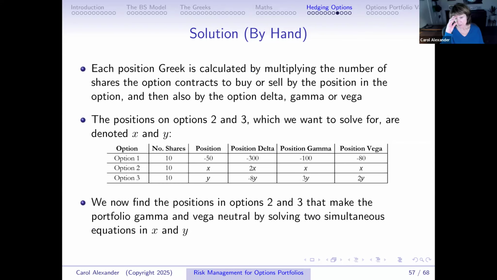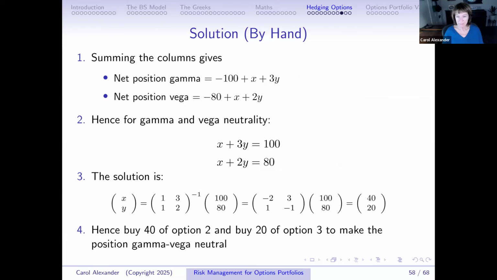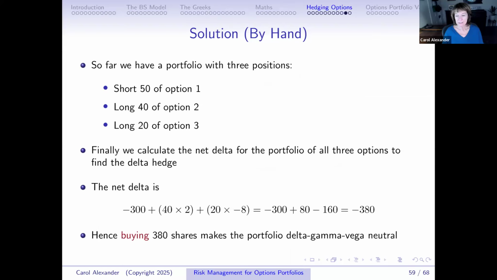So the position delta is minus 30 plus 2 times 40, which is 80, minus 8 times 20, which is minus 160. And that is minus 380. So we must buy 380 shares to make the portfolio delta gamma neutral.